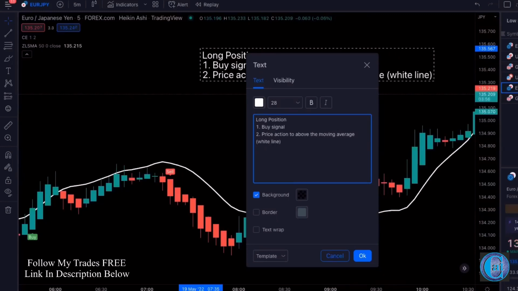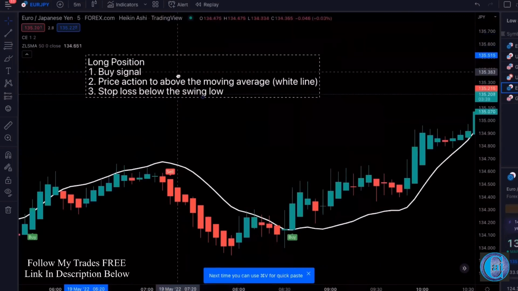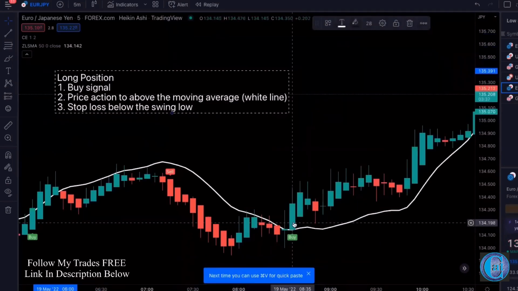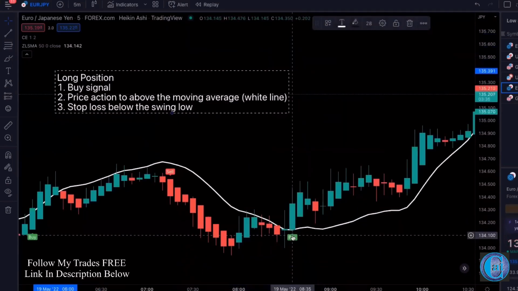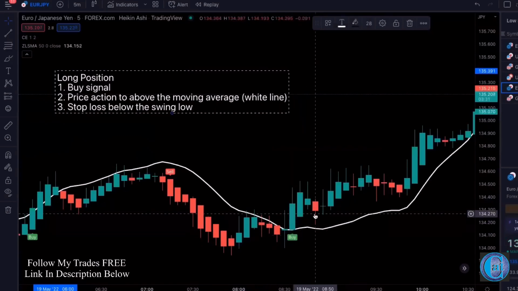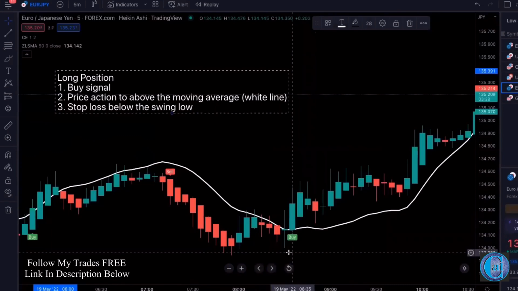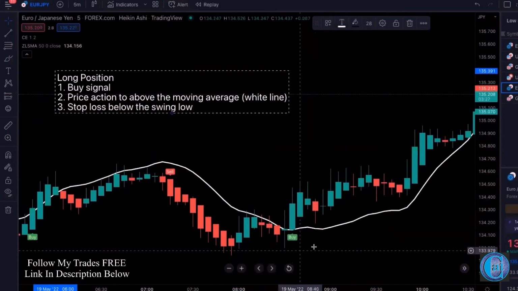And then you're going to set your stop loss below the swing low. Let me show you what I mean. For a long position, like right here, first you get the signal, you make sure that the price action is above this white line, and then you set your stop loss below the swing low.